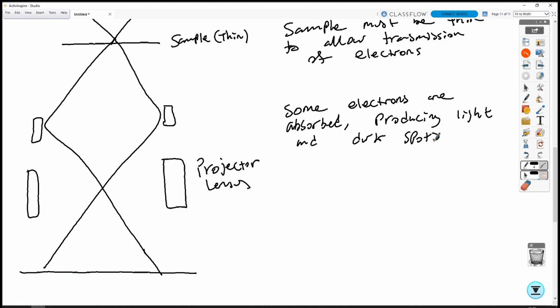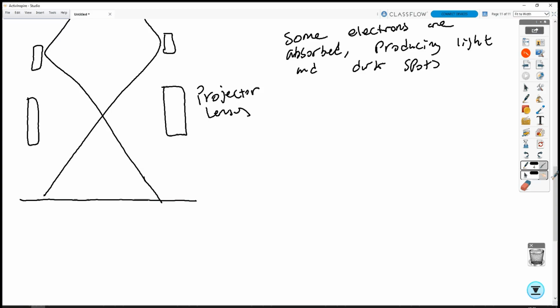After it passes through the sample, the projector lenses are used to make the electrons strike the screen on a larger area, thus making a large image formed from something very, very small. Now, this gives us better resolution than a light microscope.